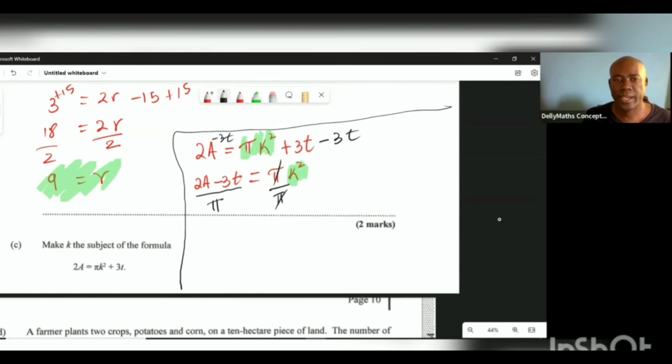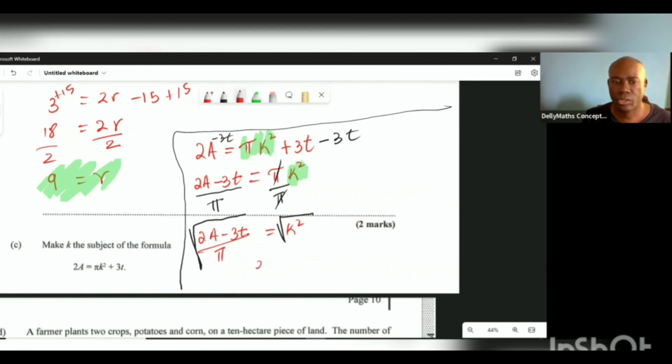So at the end of the day, I'll have 2a minus 3t over pi, and this is equal to k squared. But definitely I need k, not k squared. So I'm going to have to take the square root of the right side, which means I'm going to have to take the square root of the left side as well. So a square and a square root will cancel. So I could write the final answer here.